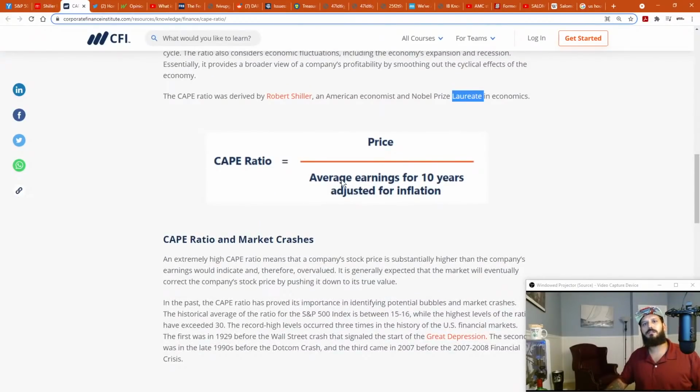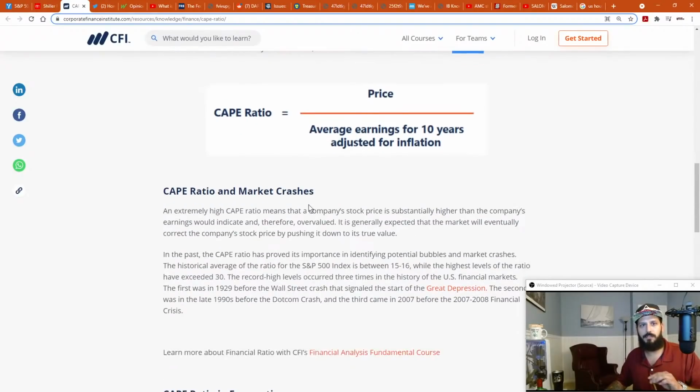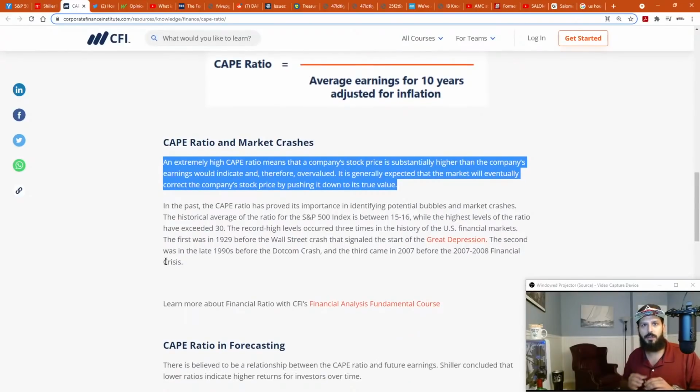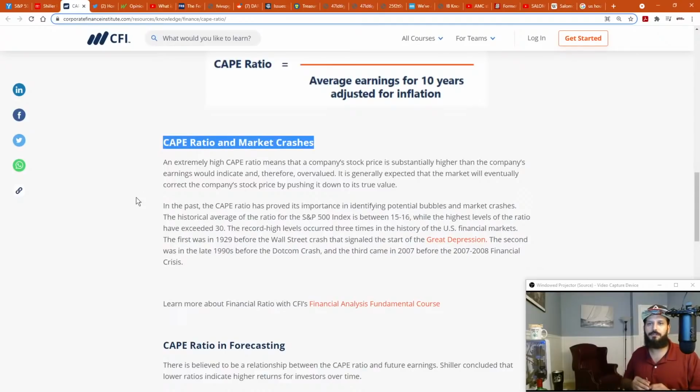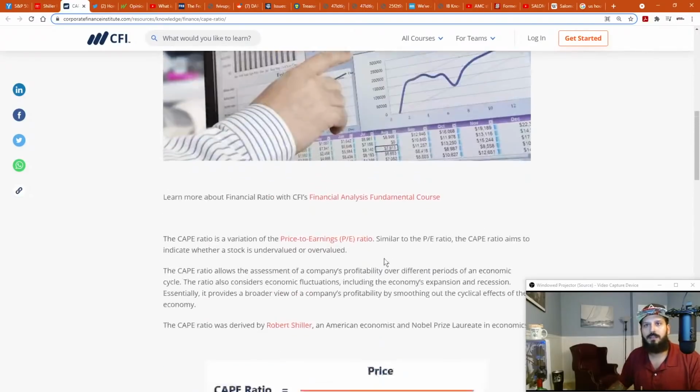This is price divided by the average earnings for 10 years adjusted for inflation. And an extremely high CAPE ratio means that a company's stock is substantially higher than the company's earnings would indicate and therefore is overvalued. It is generally expected that the market will eventually correct the company's stock price by pushing it down to its true value. So this is telling us that the CAPE ratio will go down to reflect the true price of the actual S&P 500, which is extremely overinflated, like we have never seen.